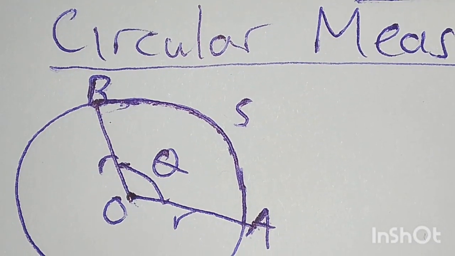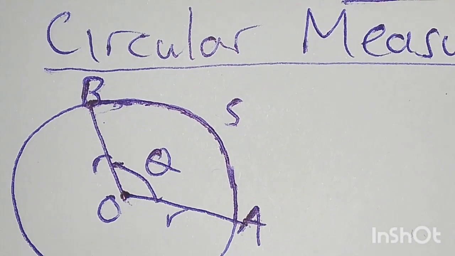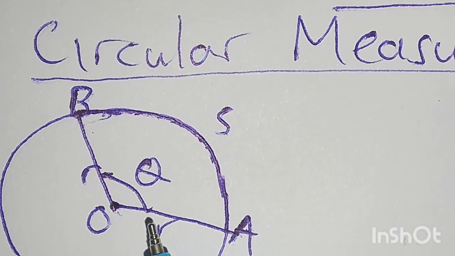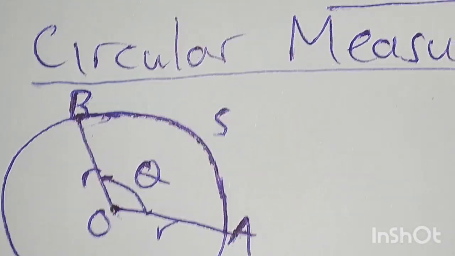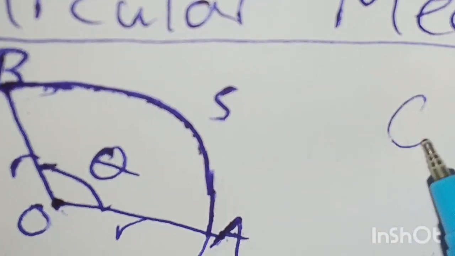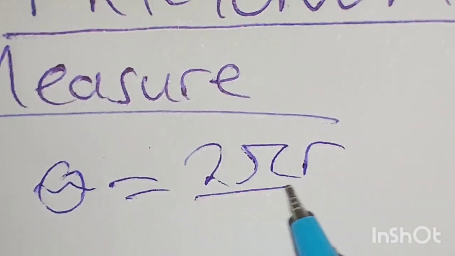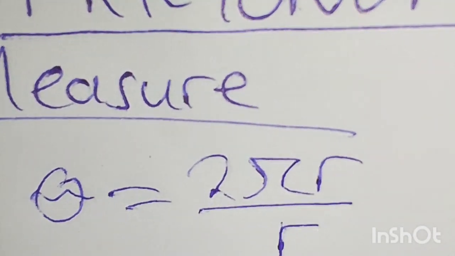So how do we find the angle in between here, subtended at the center by the circumference? We do it like this. Theta, which is angle theta, is equal to 2 pi r over r.